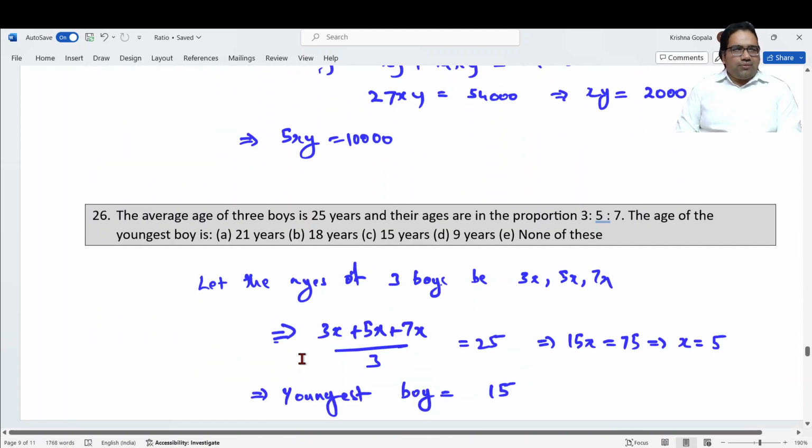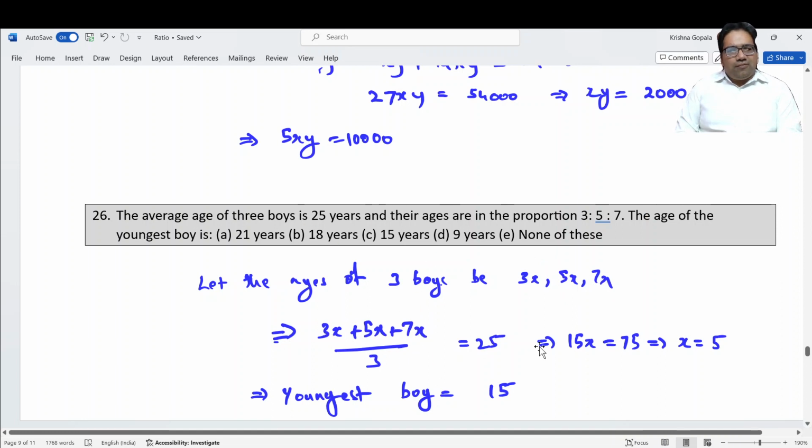Okay, next one. The average age of three boys is 25 years and their ages are in the proportion of 3 is to 5 is to 7. The age of the youngest boy is... okay, 3 is to 5 is to 7. Let's assume the ages would be 3x, 5x, 7x, because we cannot assume 3 and 5 and 7, right? 3x plus 5x plus 7x, divided by 3, is equal to 25.